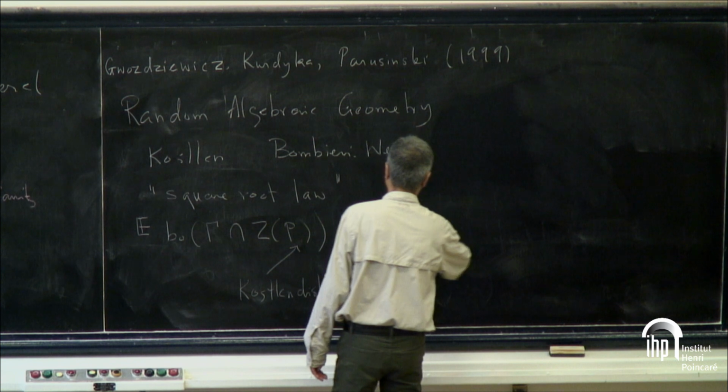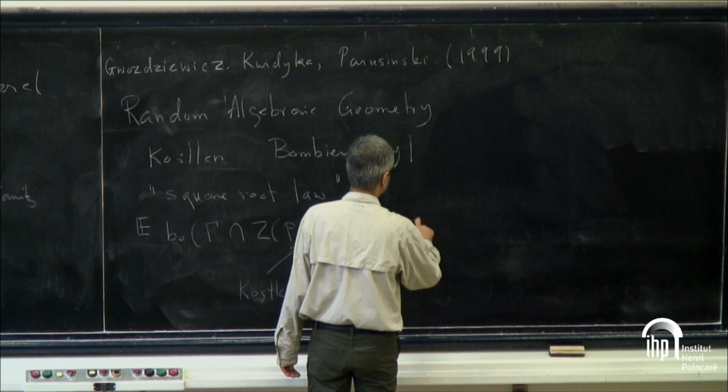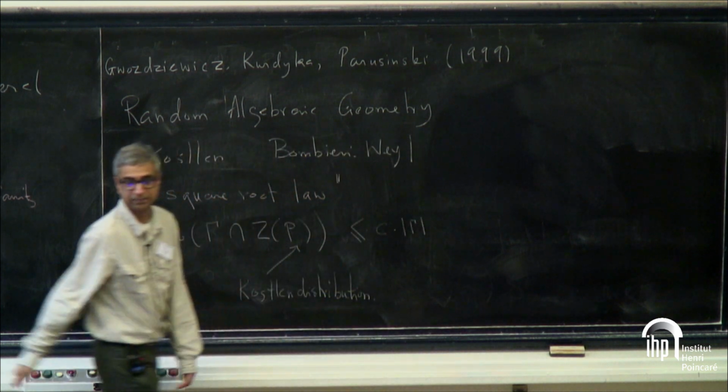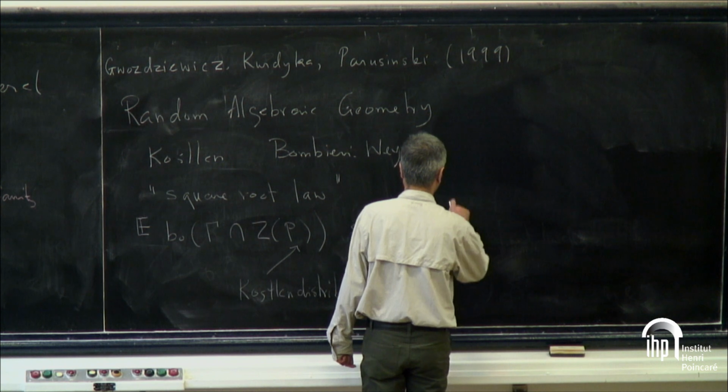Well, in fact, there exists a universal constant C times the length of the curve. So this quantity depends on the curve, times d raised to a half.